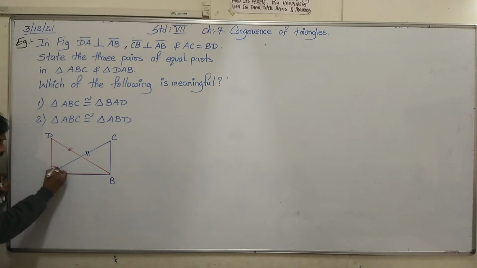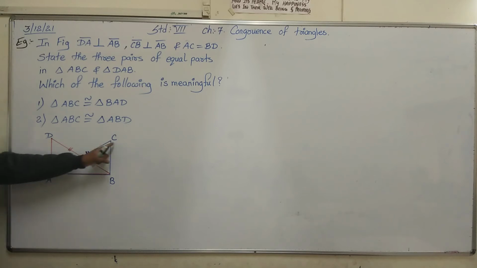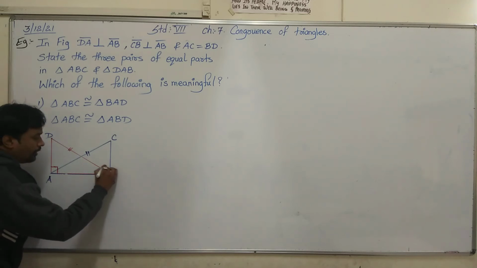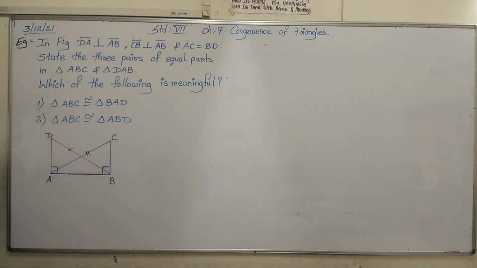So here the red one 90 degree. Similarly, this CB is perpendicular to AB again. So where the 90 degree will form? At B.